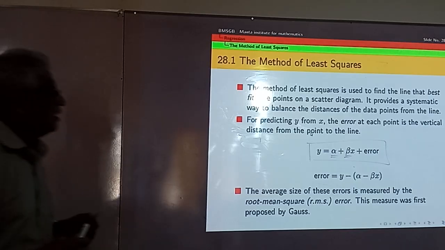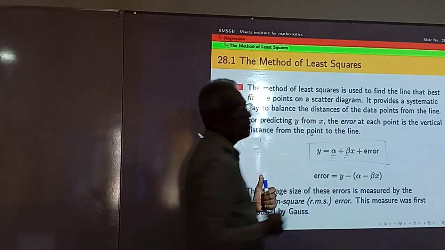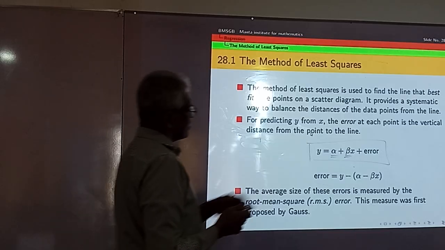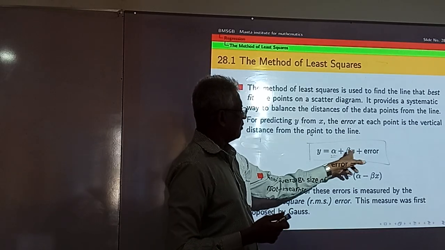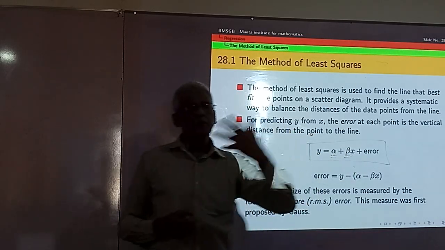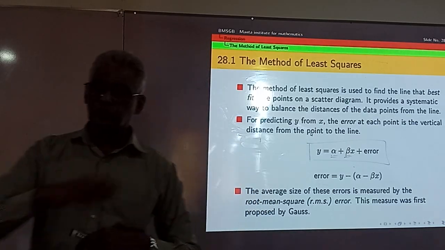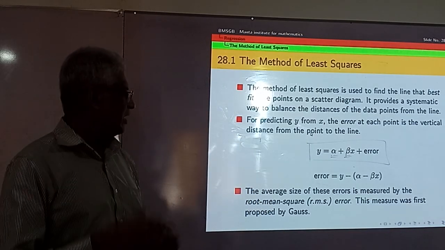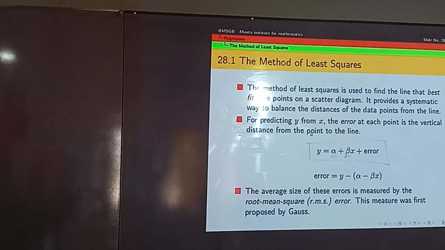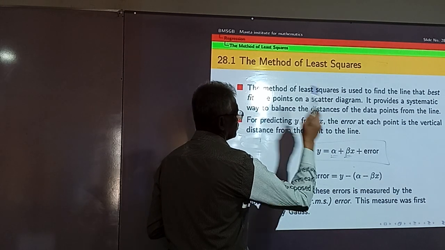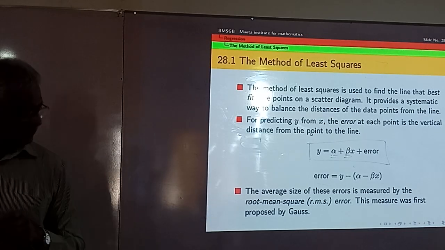So generally, this is the assumed model for the population. What we want to do is estimate alpha and beta using a sample of data. We have x1, y1, x2, y2 up to xn, yn, n observations, and using those we get some suitable values for these. That is what we mean by estimate.